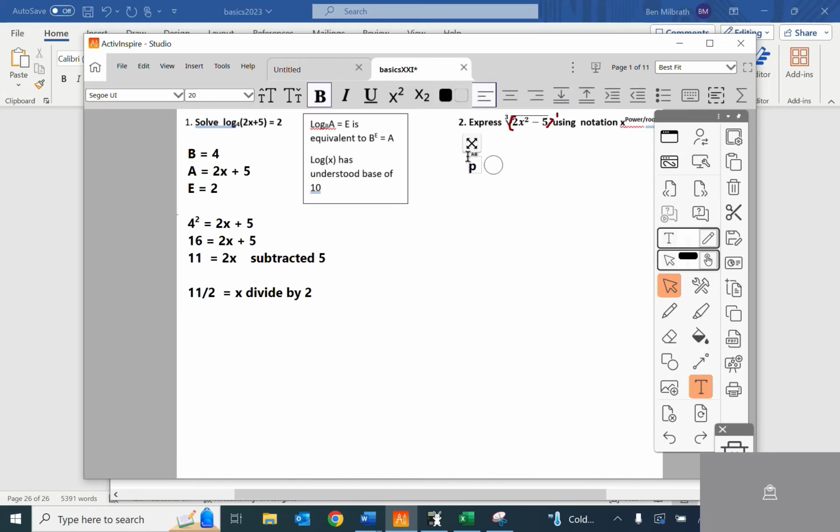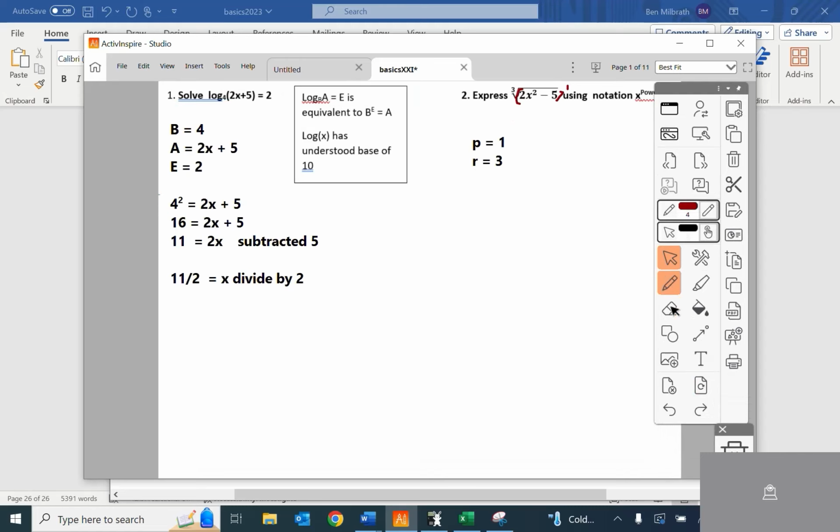The power is 1, and the root is 3. There's only one way you can actually express that and be correct. The only correct way to express that is all of 2x squared minus 5 to the 1/3 power. And the reason we do this, by the way, is so we can push buttons at a calculator. That's why we do it.